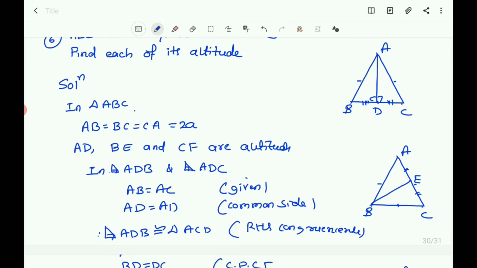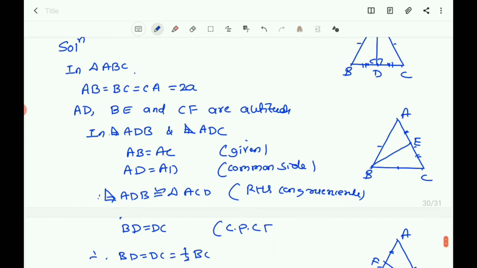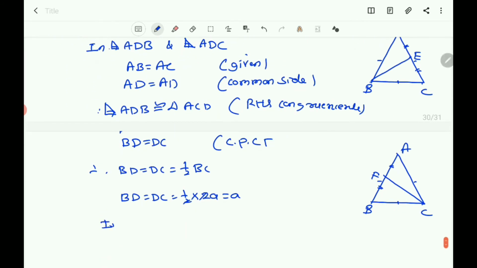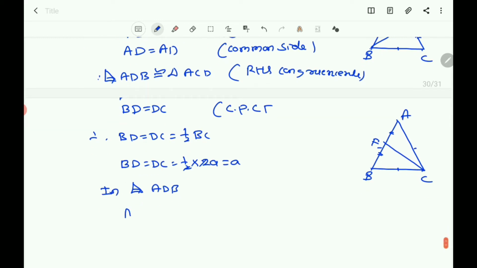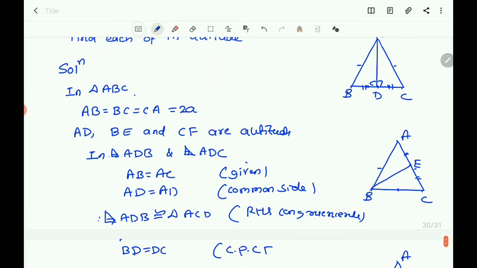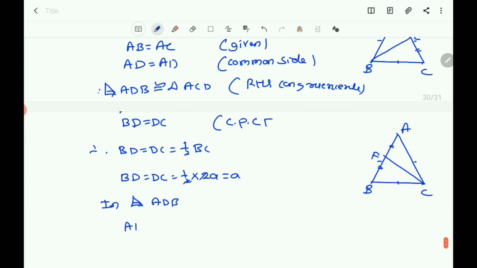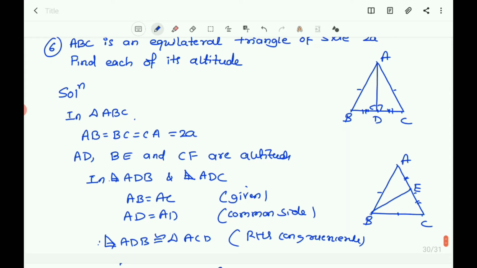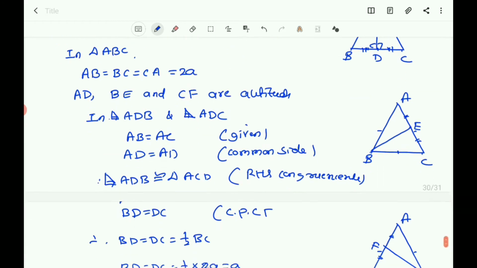So in the right angle triangle ADB, you know that AB is the hypotenuse. So AD square plus BD square is equal to AB square.